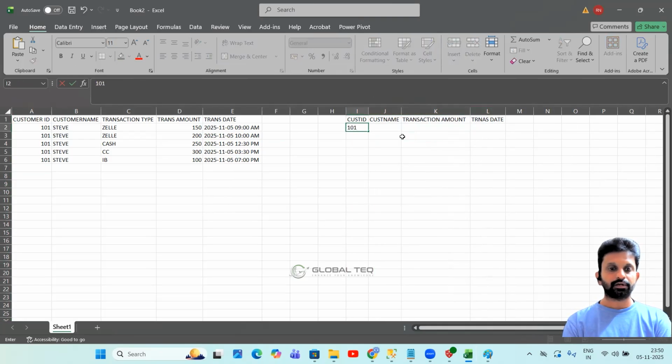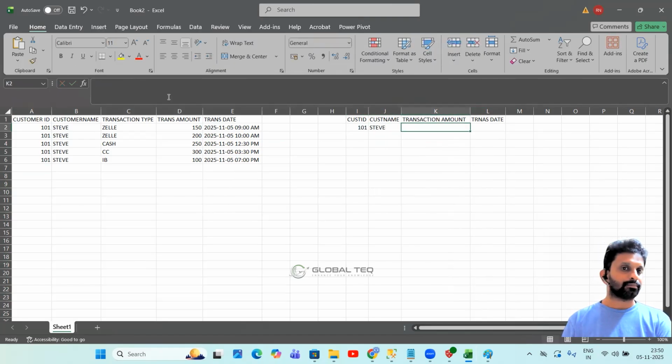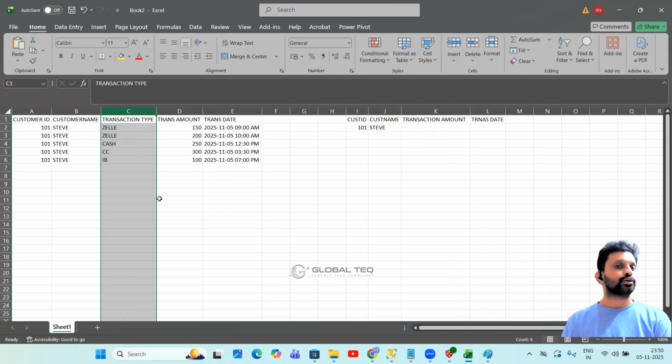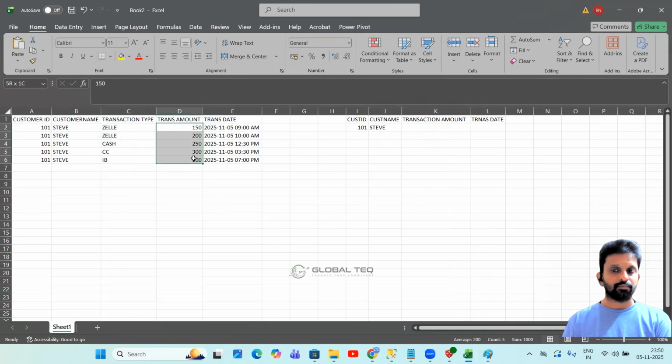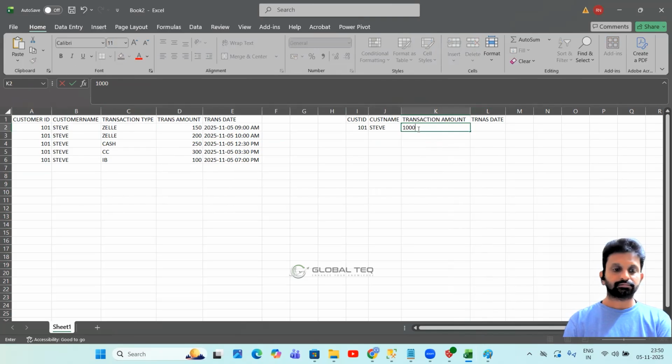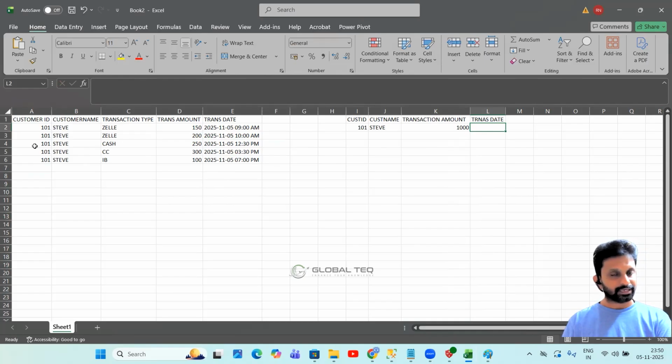Customer ID is 101. Customer name is Steve. And the transaction amount, you see here, I'm skipping the transaction type. I'm just going to consider the amounts. Together it is $1,000. And the transaction date: when I'm storing in my relational databases or staging databases, the transactional databases, I maintain the data at the hour granular level.